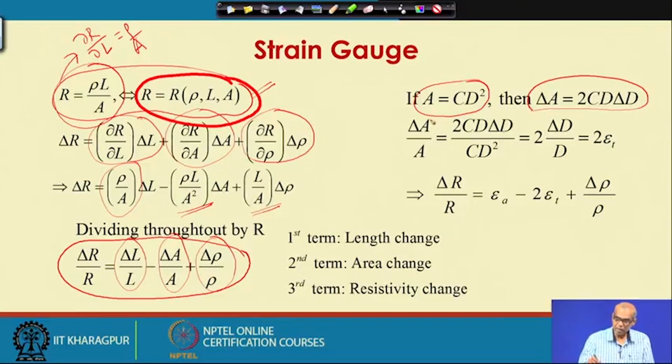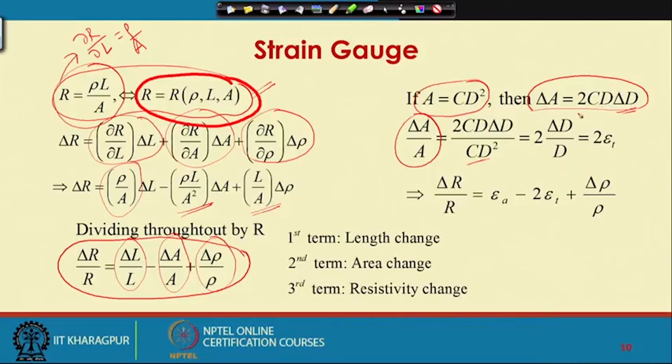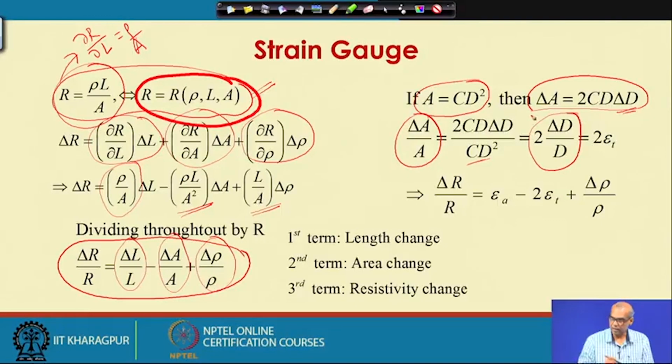So, delta A by A can be computed as 2 c d delta d by c d square, which can be rearranged as 2 delta d by d.